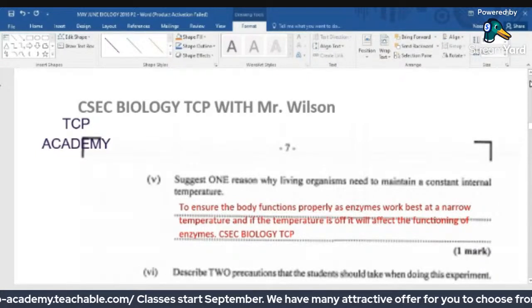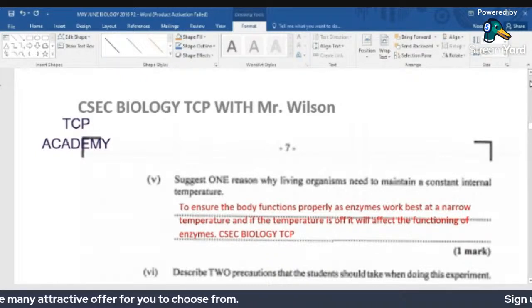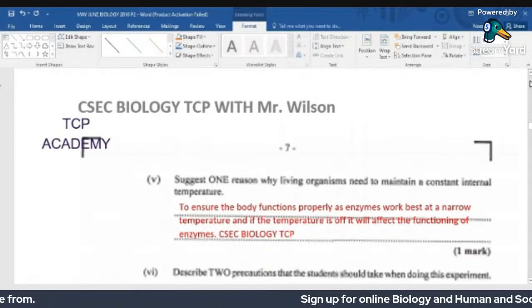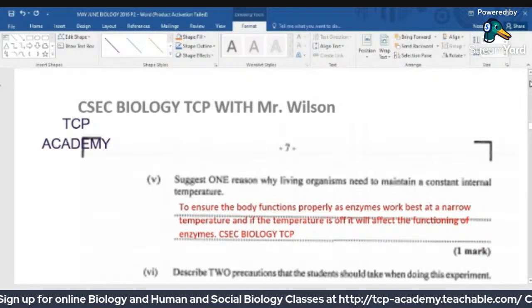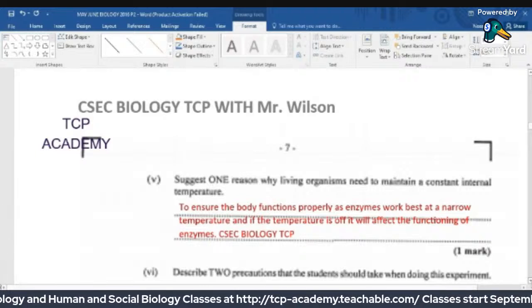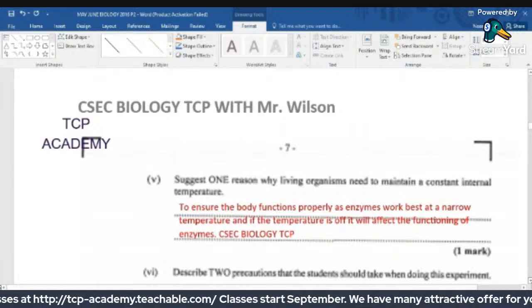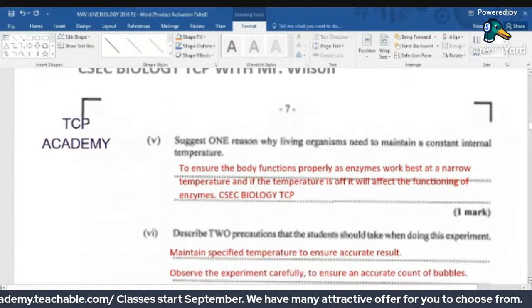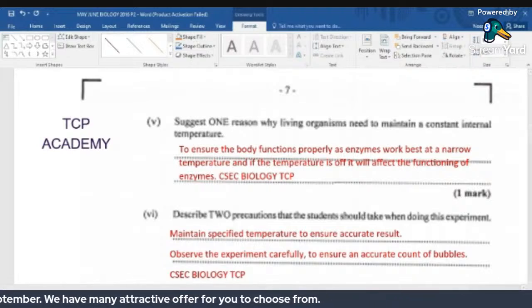Precaution here is looking at things that you can do or should do to ensure that the experiment is done properly. In some cases, it is talking about things that are limiting factors to the experiment, those that you can control. So there's this controversy. I'm not too sure how you will explain it, but this is how we did. There's still this unresolved point among many teachers as to what precaution really is.